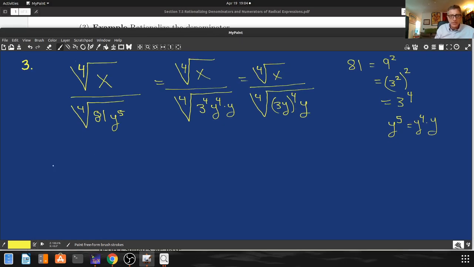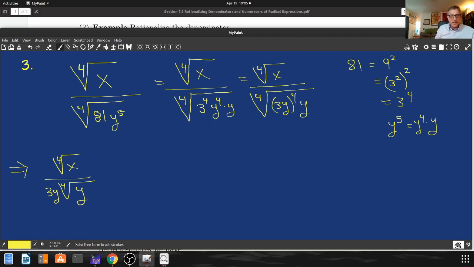Start simplifying down here. Again, I'm going to have the fourth root of x in the numerator. And now, since these indices are the same, the 3y gets to escape and come on the outside of the radical sign. But I have a y still there.